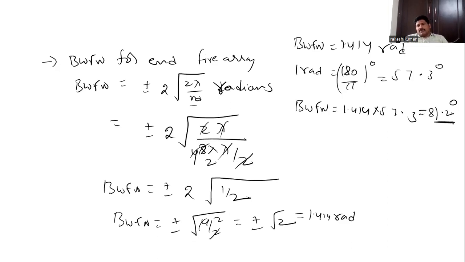So beamwidth between first nulls is equal to 81.2 degrees.